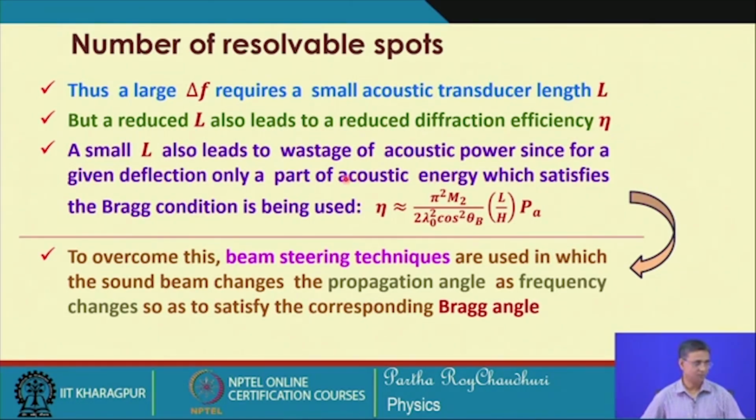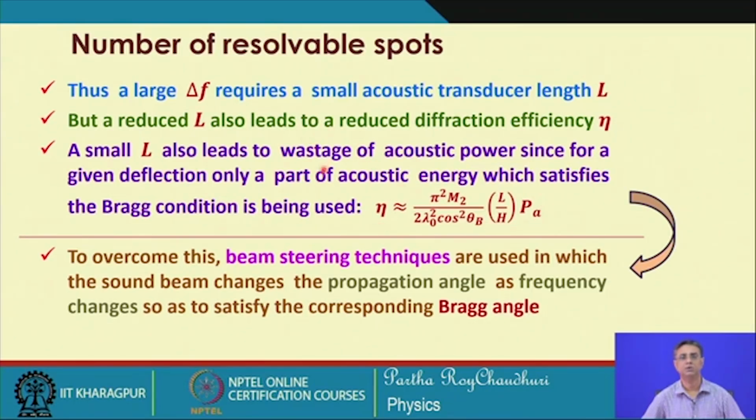You have seen at the beginning we have discussed that this diffraction efficiency is also limited by the width of the acoustic beam, that is L. A small L also leads to wastage of acoustic power, because if you make a small L, then most of the power will not be utilized by the optical beam, and the deflection uses only a part of the acoustic energy which satisfies the Bragg condition.